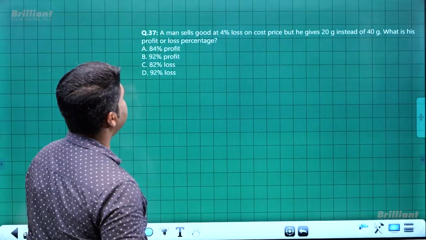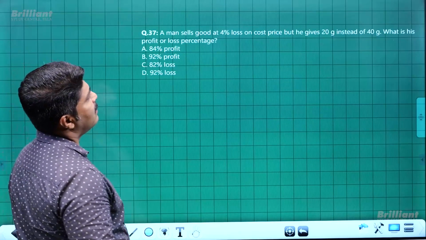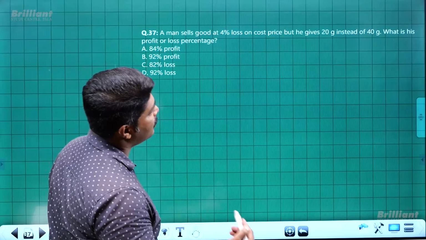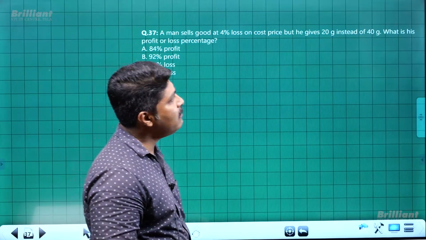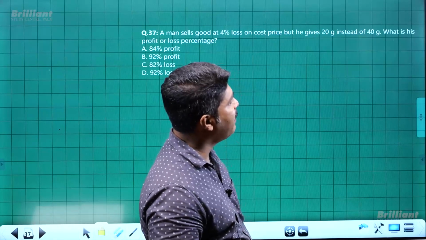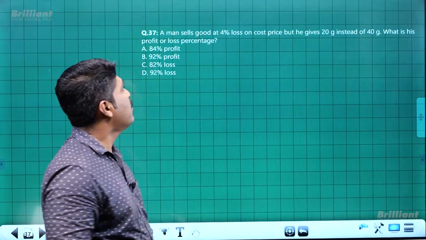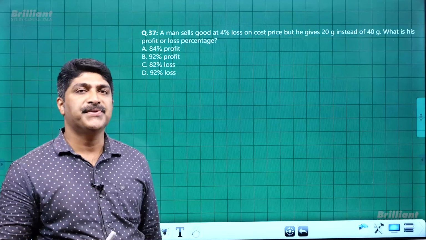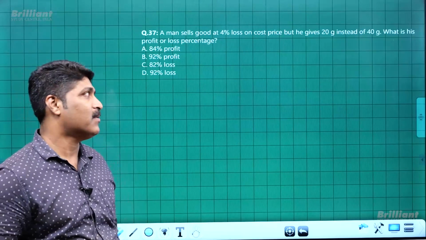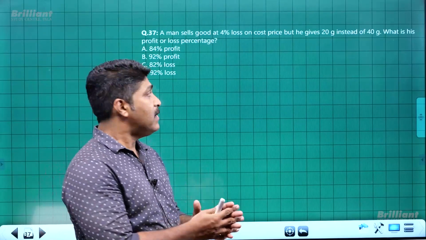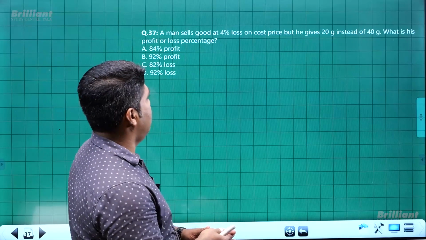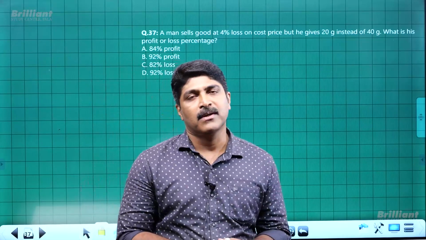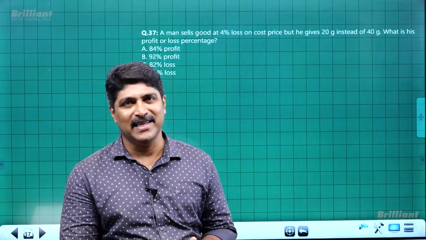Now the next question. A man sells goods at 4% loss on cost price, but he gives 20 gram instead of 40 gram. What is his profit or loss percentage? It's a question under the area dishonest seller in profit and loss. A dishonest seller is selling goods at 4% loss on cost price. Actually, he is pretending like that.